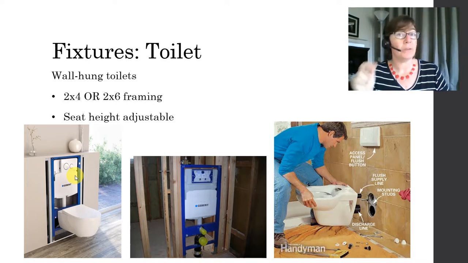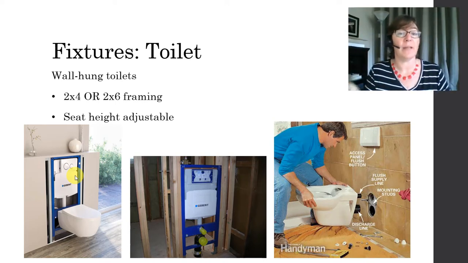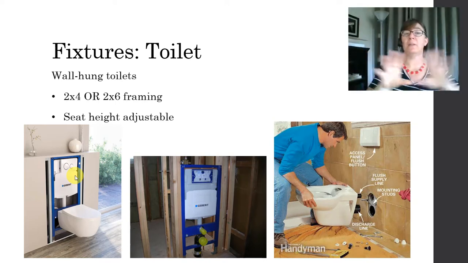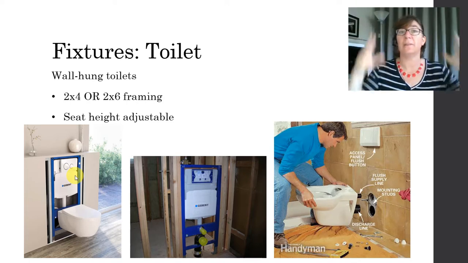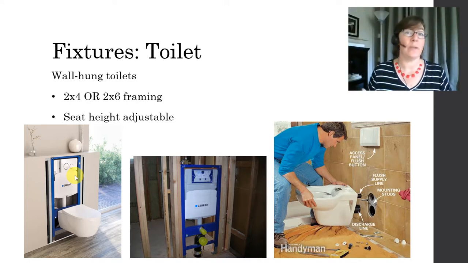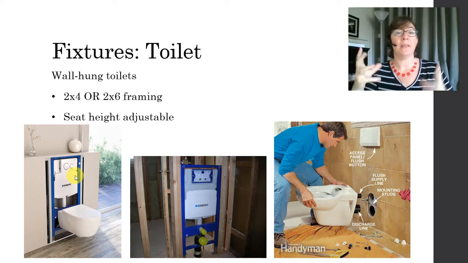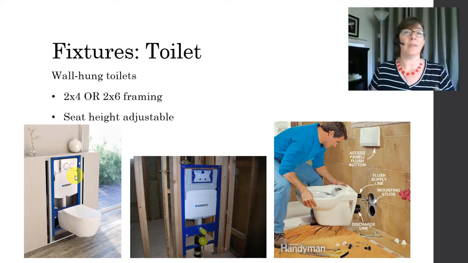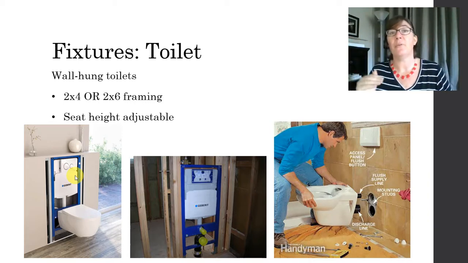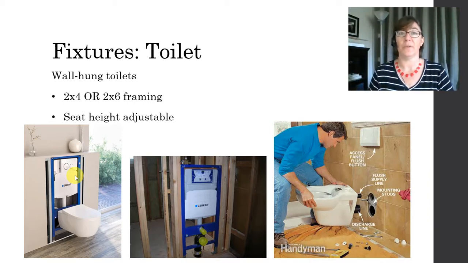There are occasional models, there are a couple of models out there where the tank can be placed to the side of the toilet instead of above it, so you could get that window if you wanted to. Something else that people like is that you can install this anywhere in the wall that you like. It's custom, so you can adjust exactly for the seat height that might be comfortable for your user.